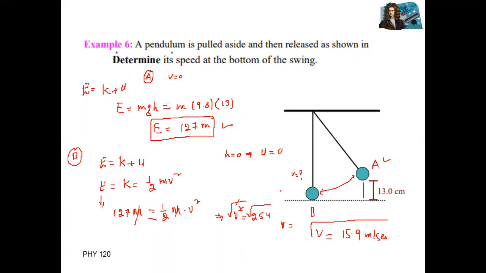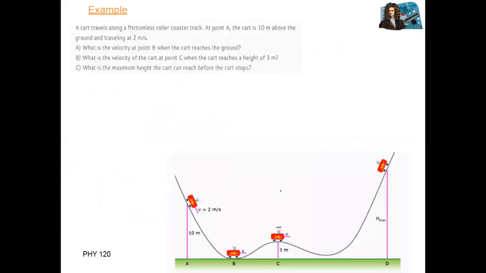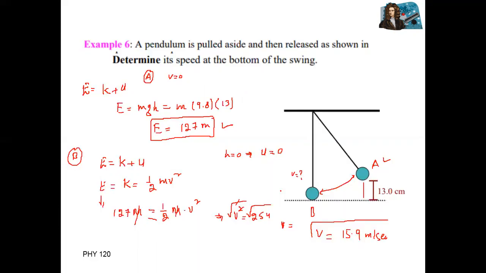So next, Professor? Yes. Professor, in this question, I didn't get why we excluded potential energy in the first one. Okay, in second part you can see the height is equal to 0. There is potential energy equal to mgh, where h is the height from the surface of Earth.